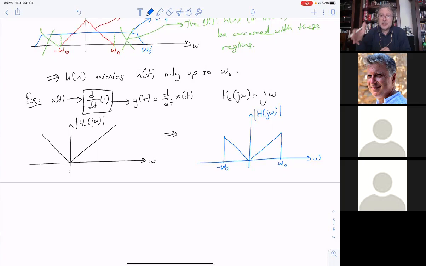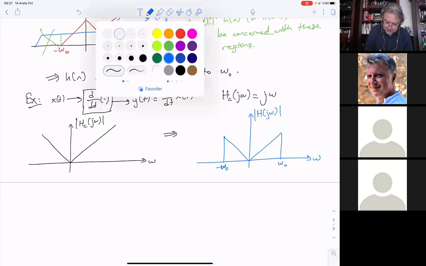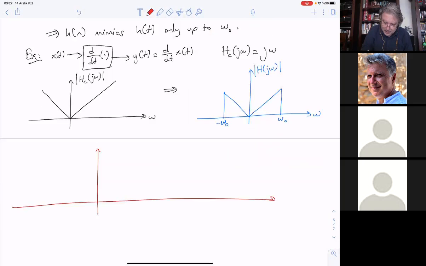Although it is a system, it has an impulse response, and the Fourier transform of the impulse response, I will assume that the impulse response is a signal, and I will sample it, which means I'm sampling H. I will call it H_D(j omega) first.